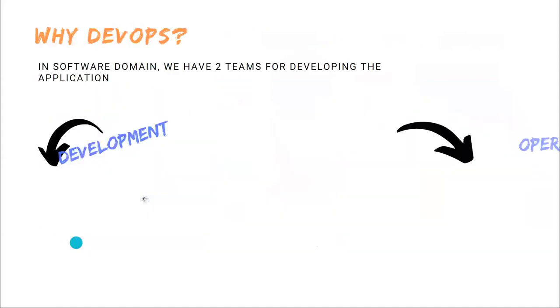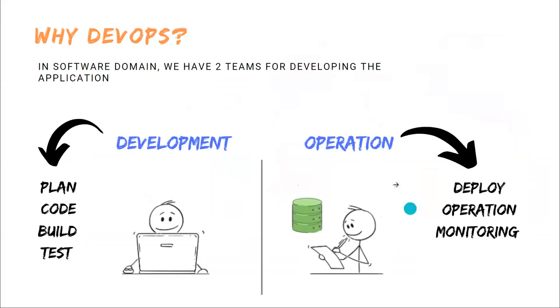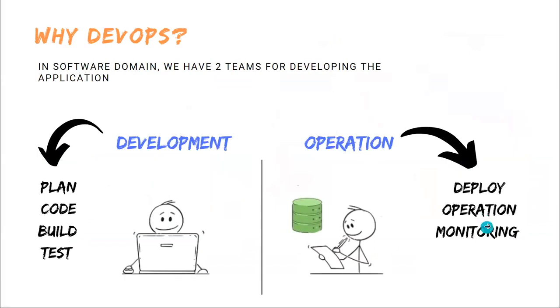Compared to the software development life cycle, which one has the extra step for us? In the software development life cycle, plan, code, build and test are there, and on the operation side we have deploy, operate and monitoring.